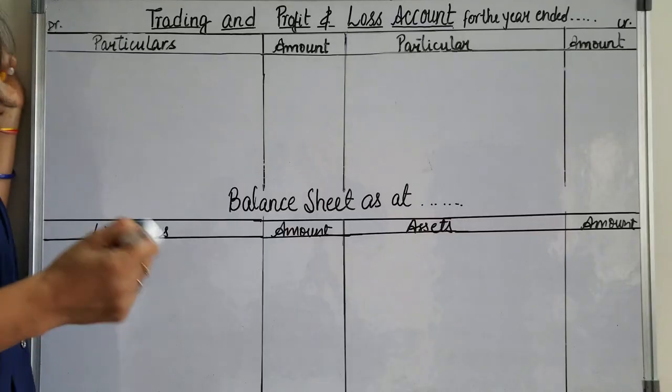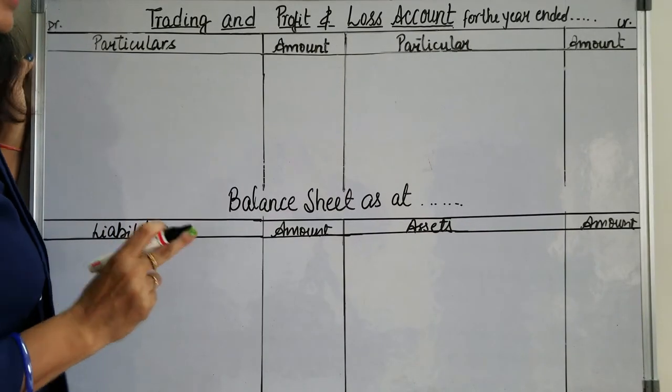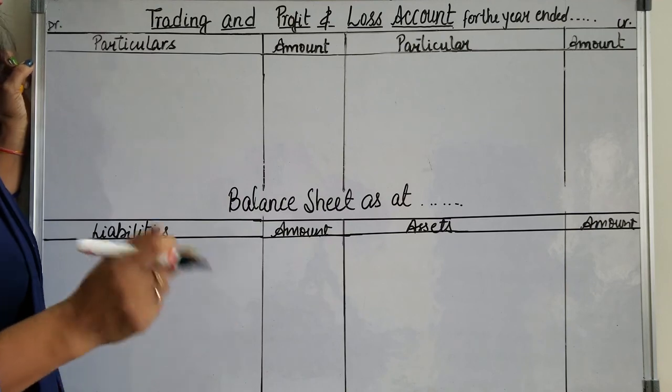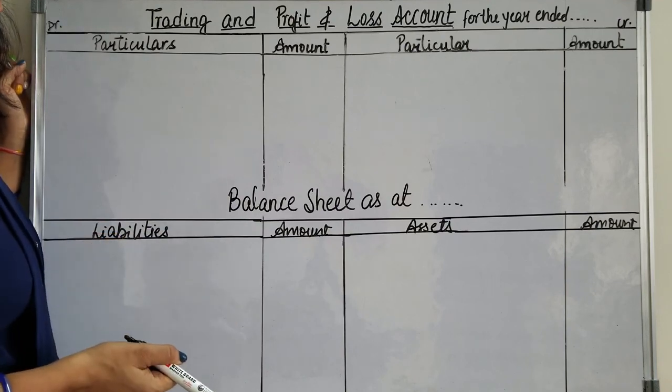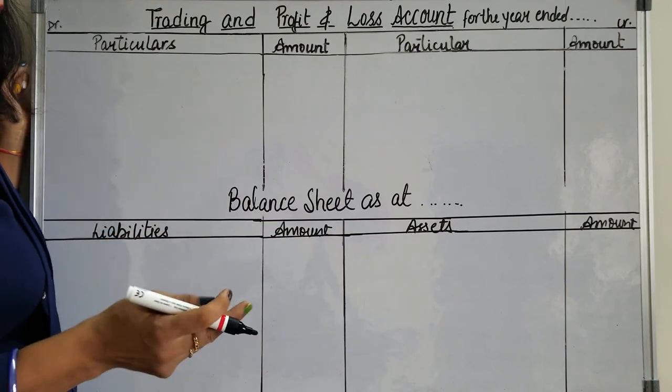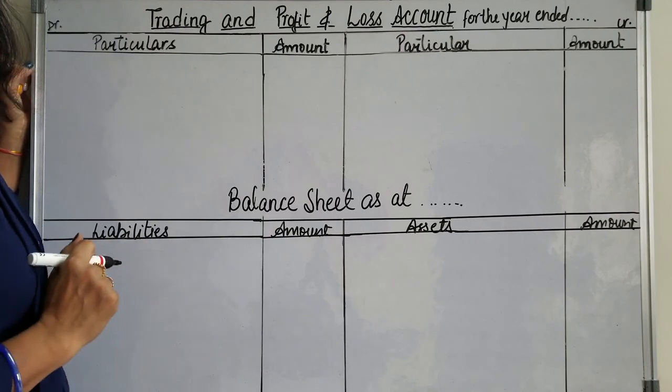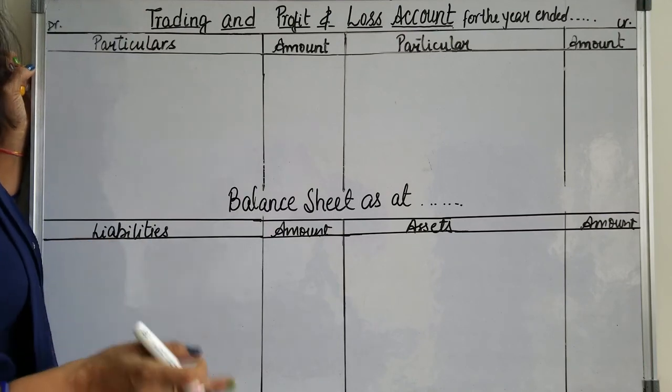they will be shown on the liabilities side in the balance sheet. Now in most of the cases, closing stock is given in the form of a statement in adjustments, like stock on 31st March 2018 was valued at rupees 24,000 and market value is rupees 30,000.